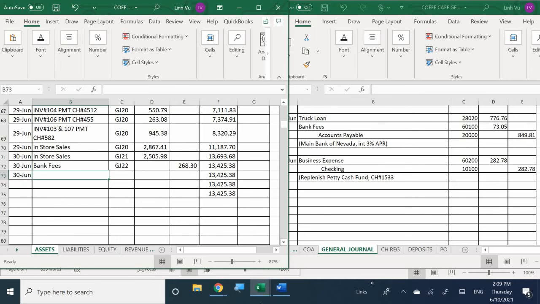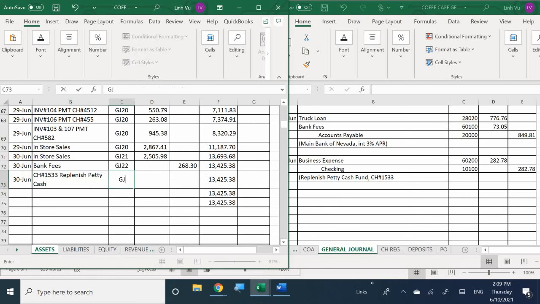Check number 1533, replenish petty cash fund. Credit 282.78 should give you 13,142.60.